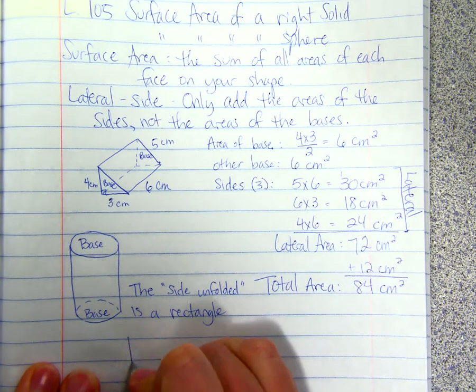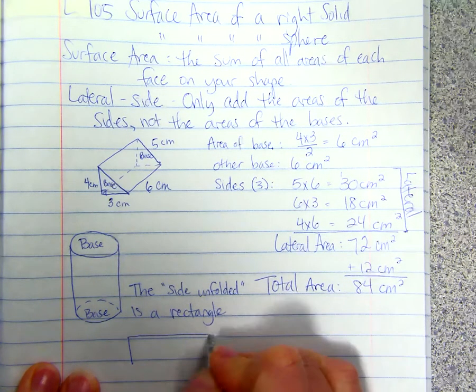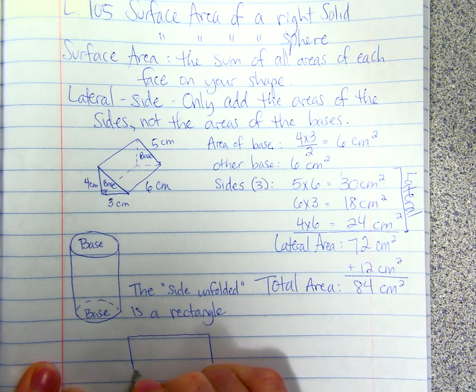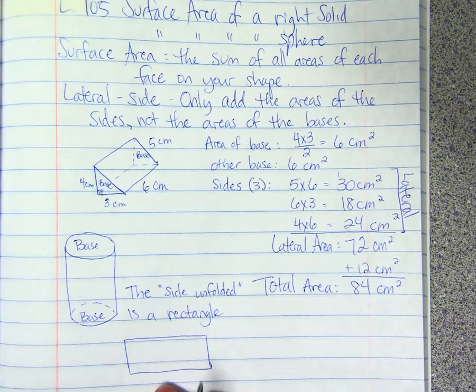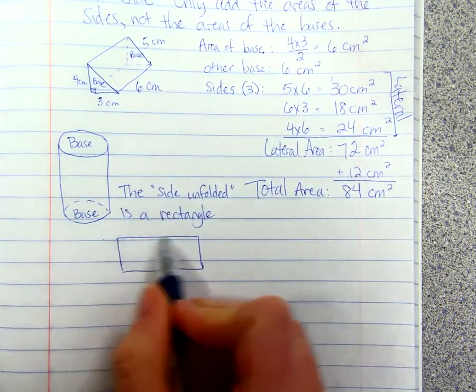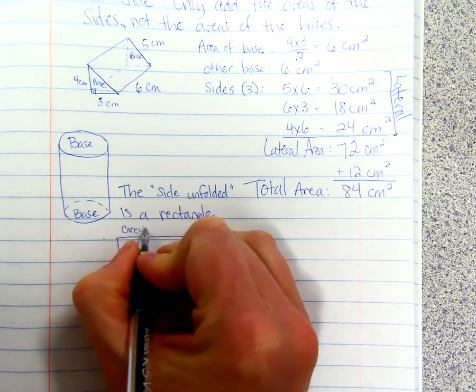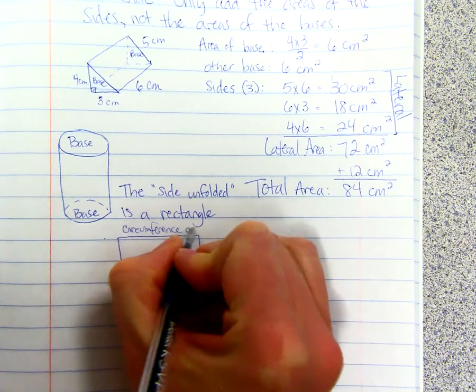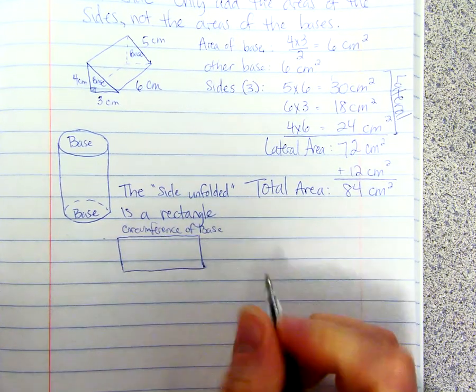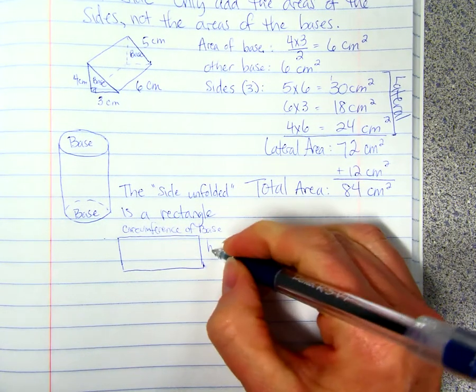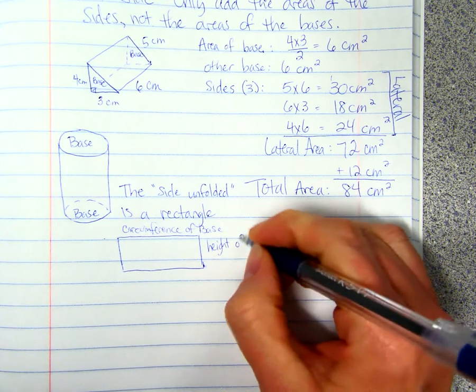So let's say we roll this out. This length right here is going to be the circumference of the base. And then this side would be the height of the can. How high is that can?